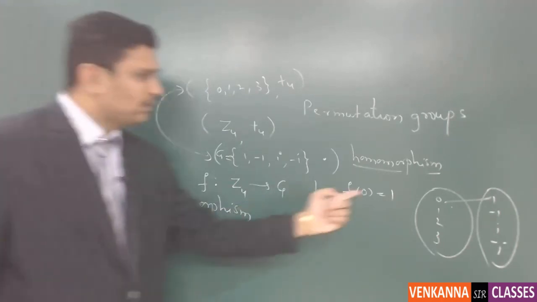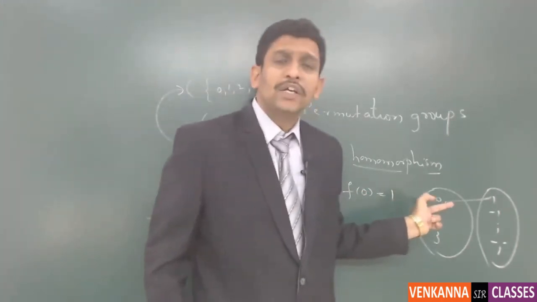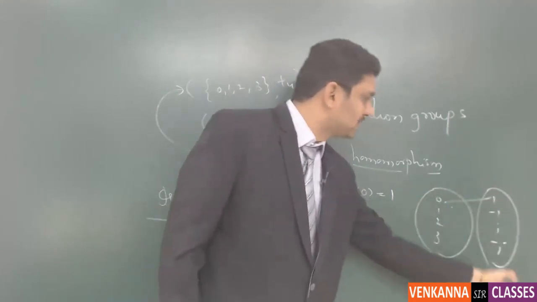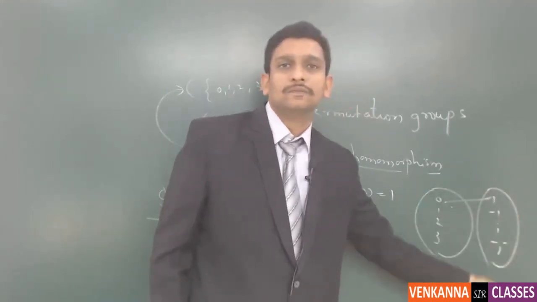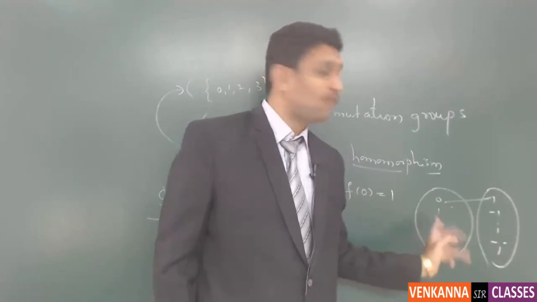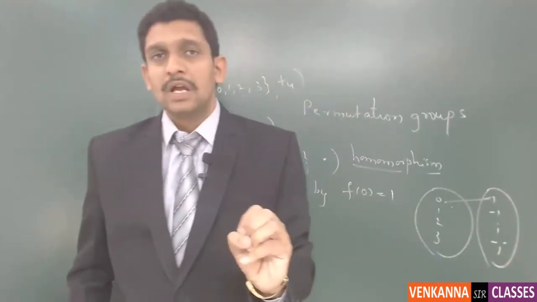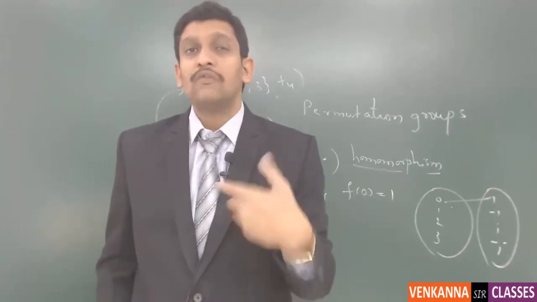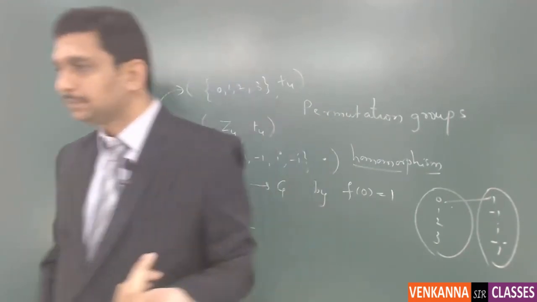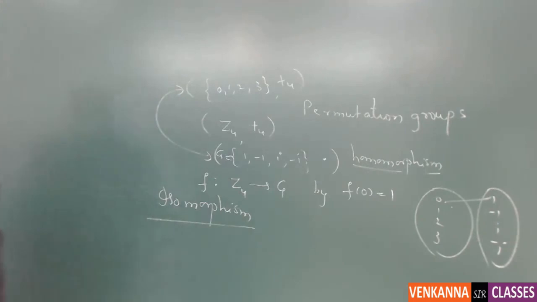Now, since 1 is taken here, you can pair 1 with any of the things. You can pair 1 with -1, i, -i. Now the question comes, I need to pair 1 with what element? Are you getting? Yes or no?